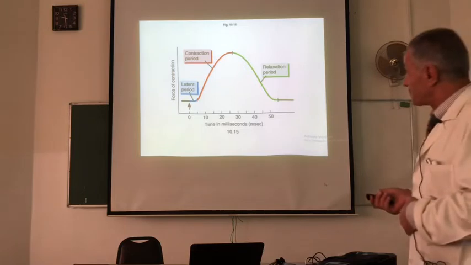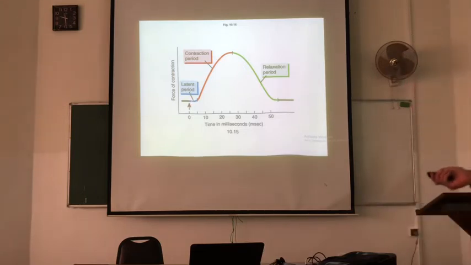Now, what happens if you stimulate that preparation here again, or here? Is it contracting again? Yes. The action potential over the sarcolemma has taken place during a very short latent period.